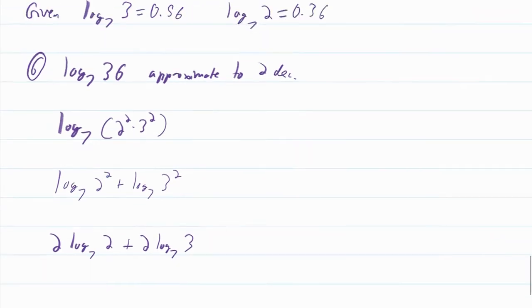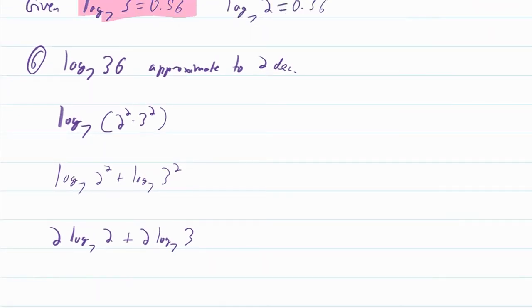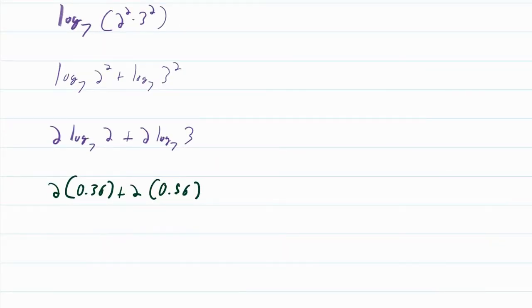And now I'm going to do a substitution because I know that the log base 7 of 3 and the log base 7 of 2 are given up here. So this is really 2 times 0.36 plus 2 times 0.56. And that is 0.72 plus 1.12, or 1.84.